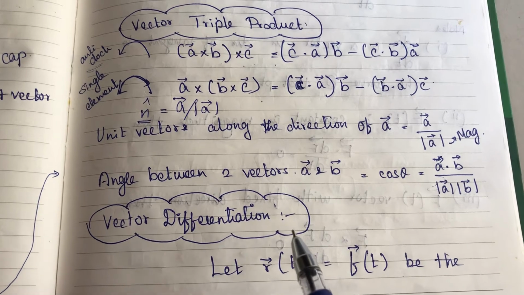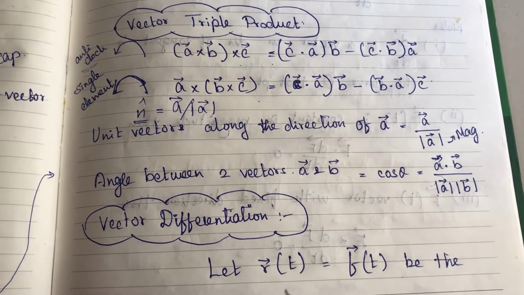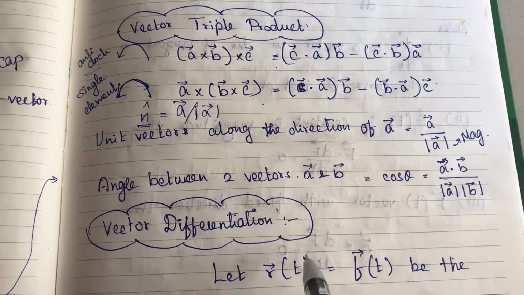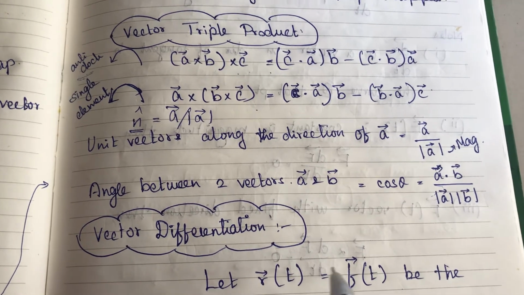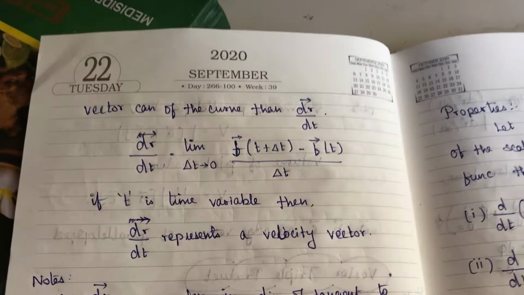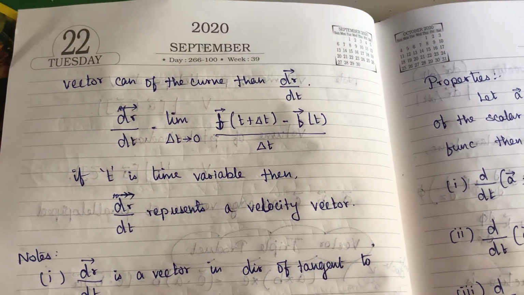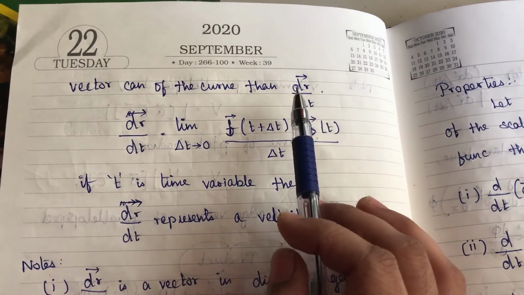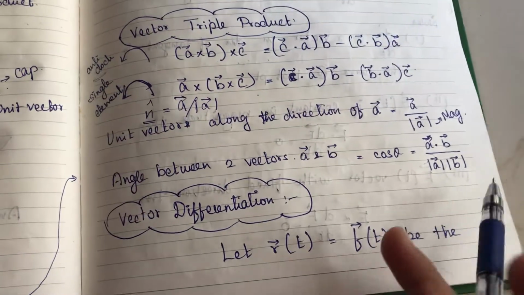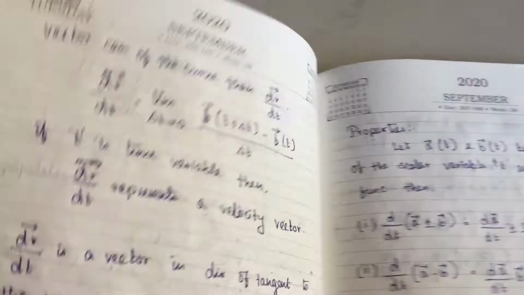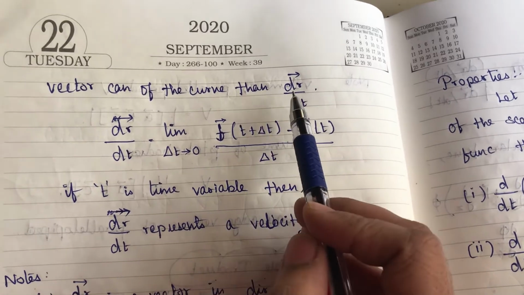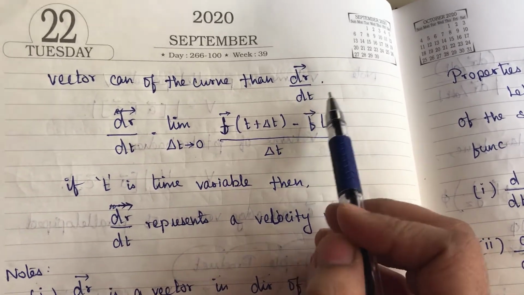Vector differentiation. What is this? Let me say r vector is a function of t, which is equal to f vector, which also is a function of t. So these two are equal, and the vector of the curve is dr vector by dt.